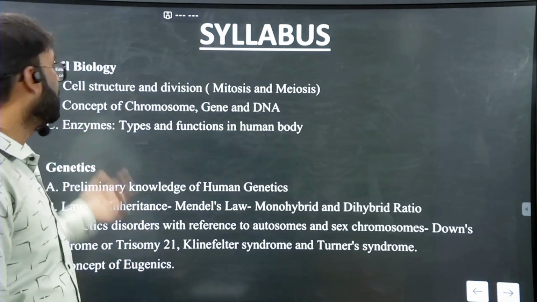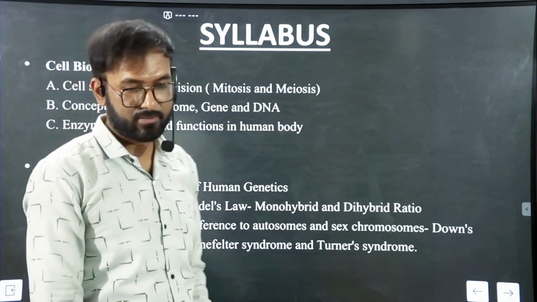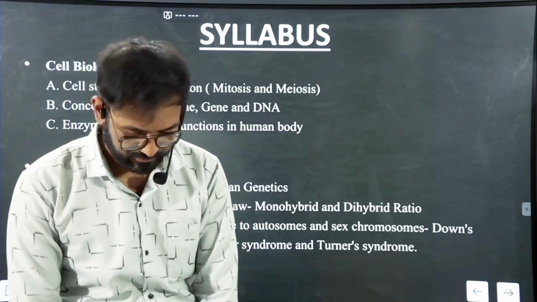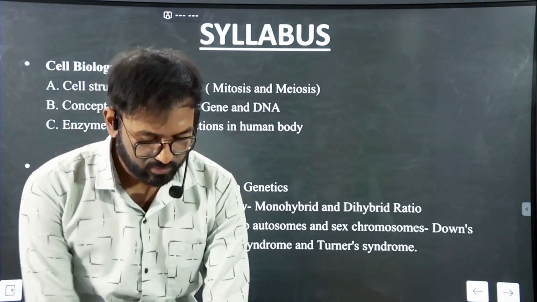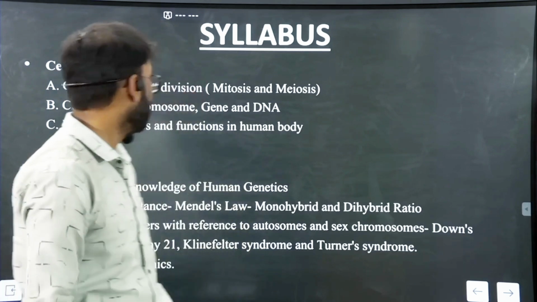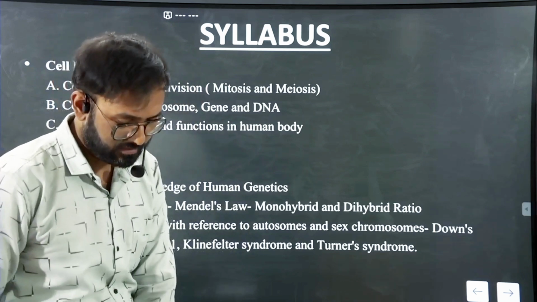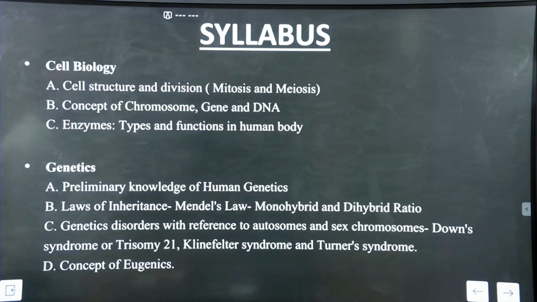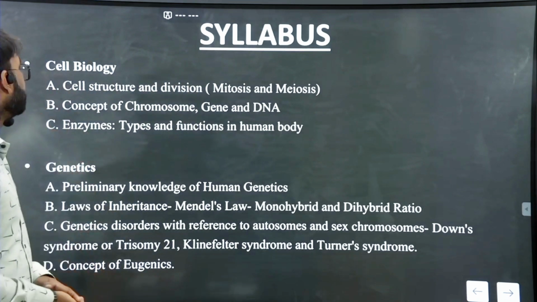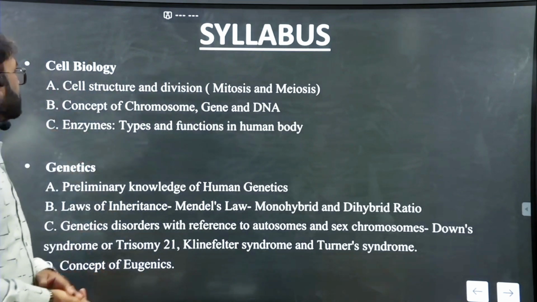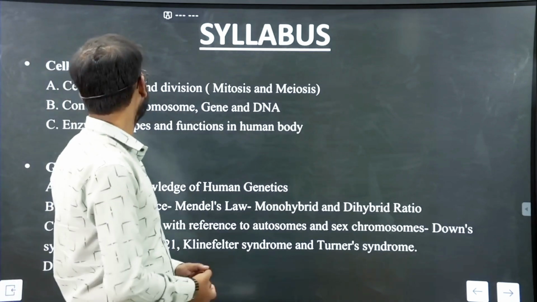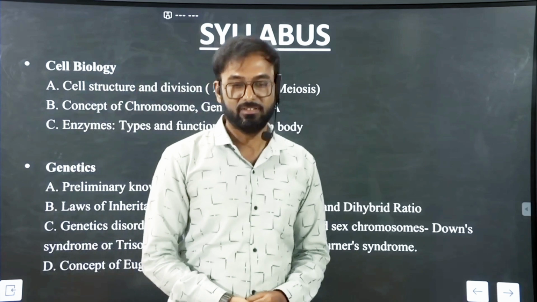These are all from the biological portion. It will be very easy if we understand what a cell is. There are MCQ questions, so there will not be so much problem understanding this kind of topic. It will be very easy to answer all the topics from cell biology, cell structure, and divisions.